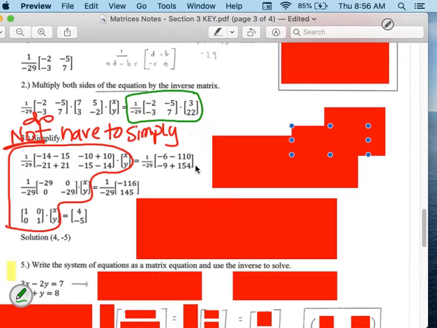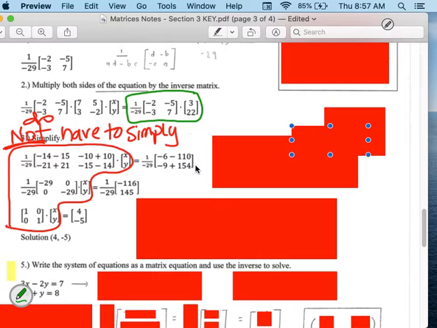You take the inverse times those constants at the end. And when you multiply that out, you take these two matrices, you multiply them together, and you multiply by that fraction last. Okay, you multiply by this fraction last. When you multiply this, 1 over negative 29 times 116 is 4. 1 over negative 29 times 145 is negative 5.